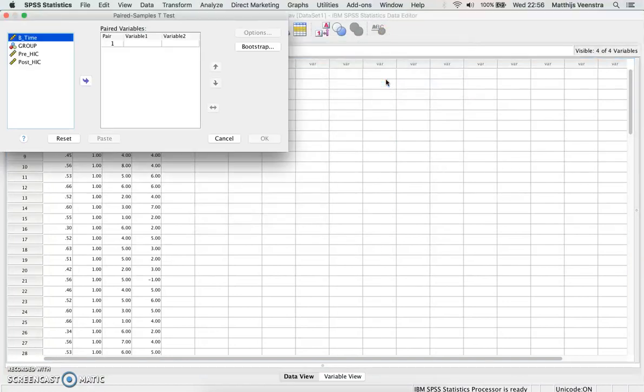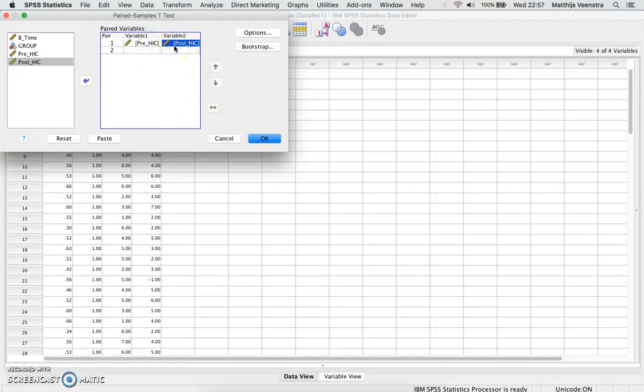You'll get a slightly different box. Here it says Paired Variables, and here you have to indicate the different variables you want to compare. So, we want to do the number of pre-treatment hiccups and post-treatment hiccups. Okay. Now, you can just click OK.